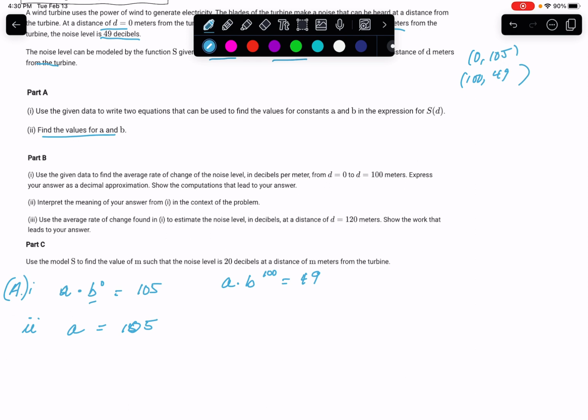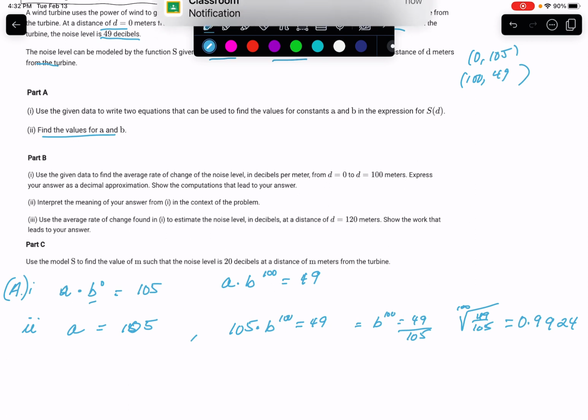And then if we have that, 105 times B to the 100 equals 49. And so you can say B to the 100 is 49 over 105. And so the 100th root of 49 over 105 is equal to 0.9924.